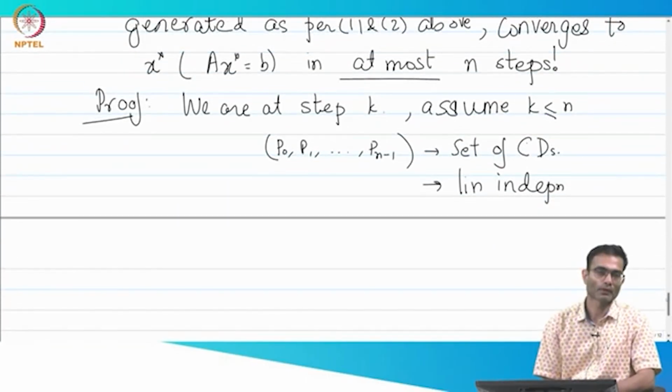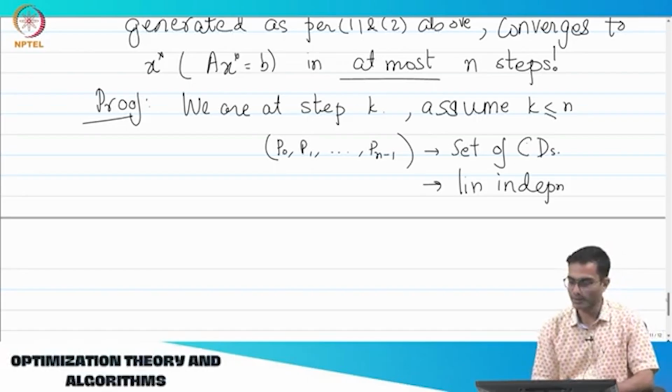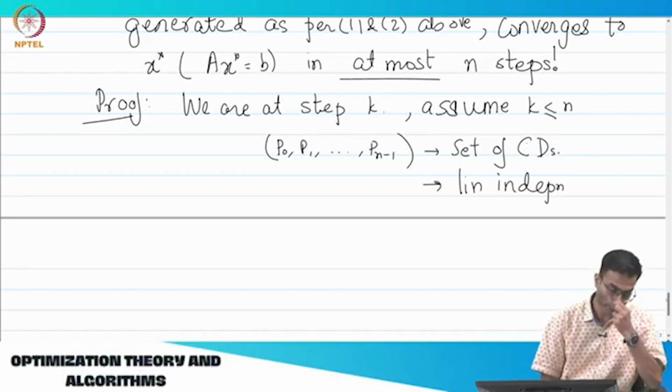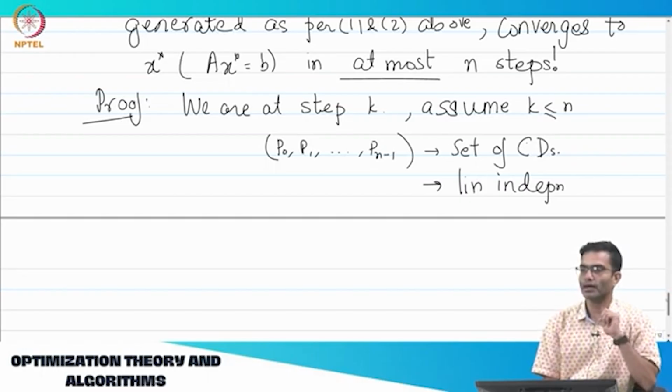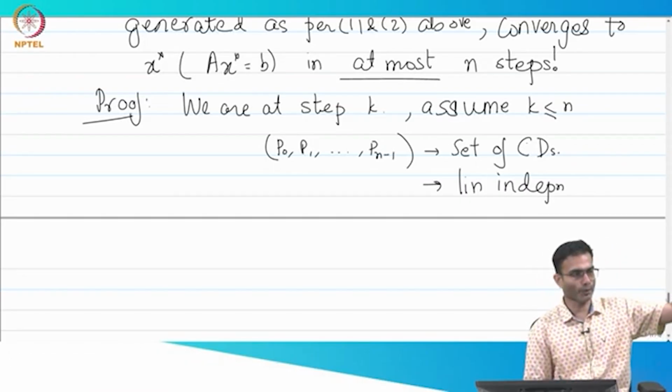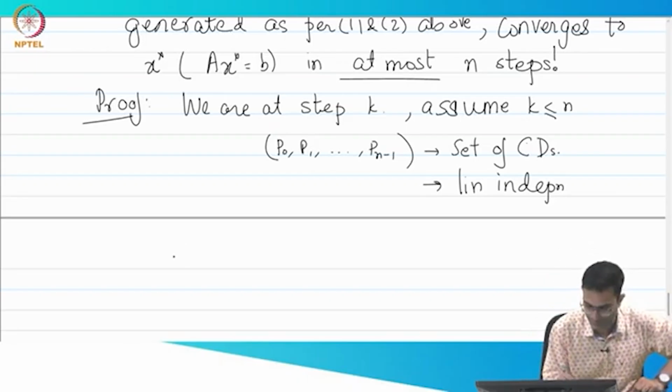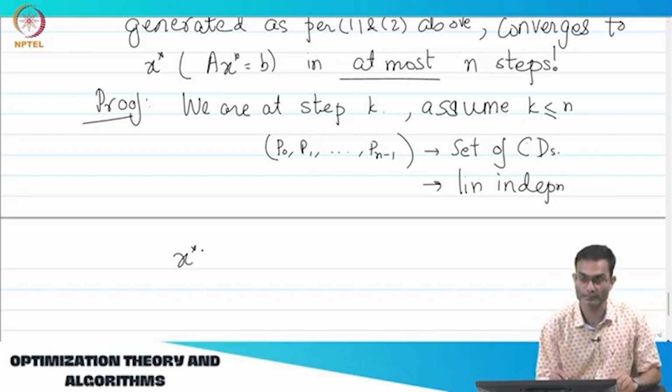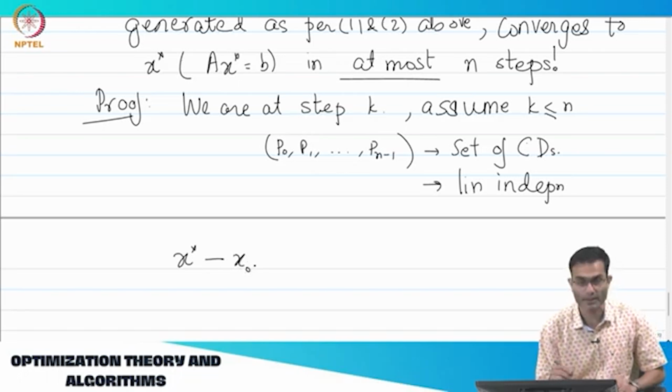Okay. So if I know that they are linearly independent, I want to know how far I am from the starting point to the end point. So if I write a vector like this, x star is where I end, x naught is where I began.